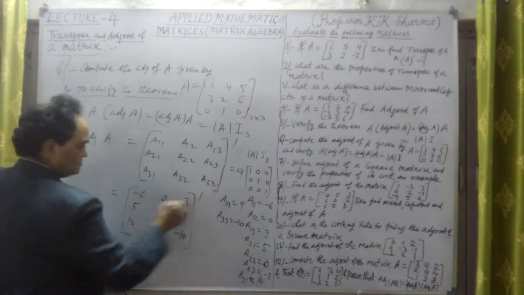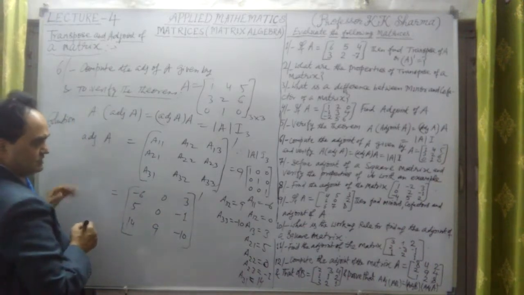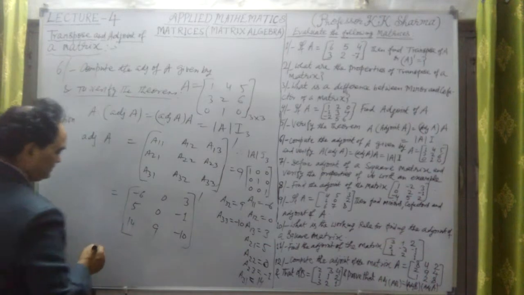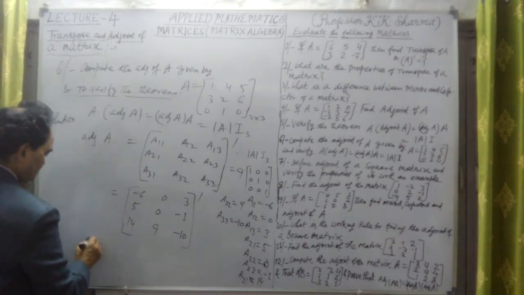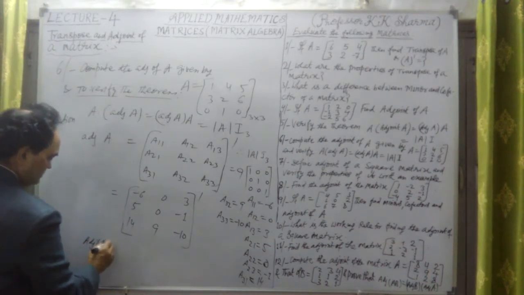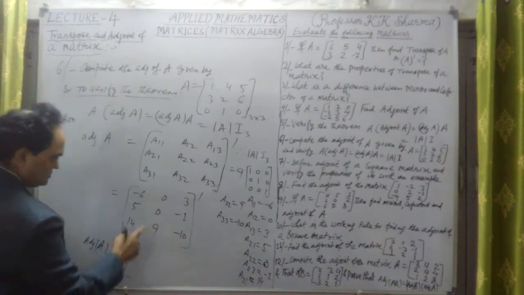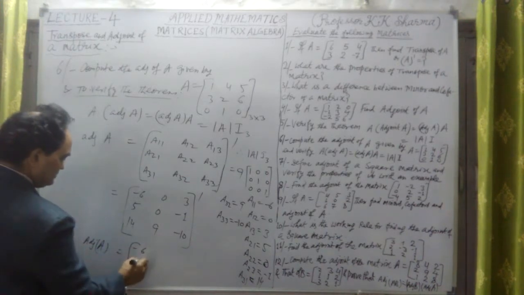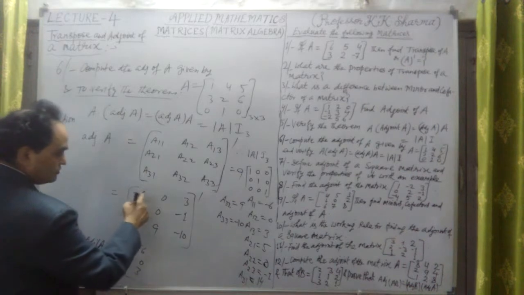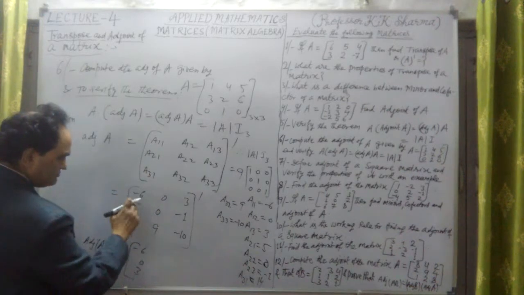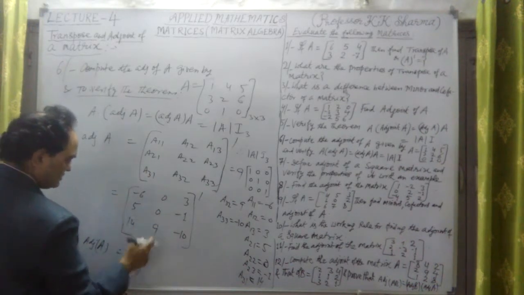This is the transpose of this, transposing this now. Therefore adjoint of A is equal to, now this is minus 6 0 3, making this row as column, first row as first column, second row as second column.